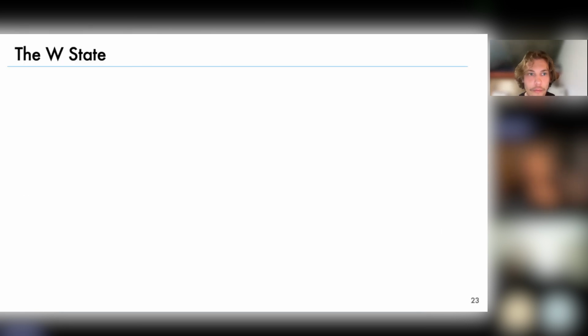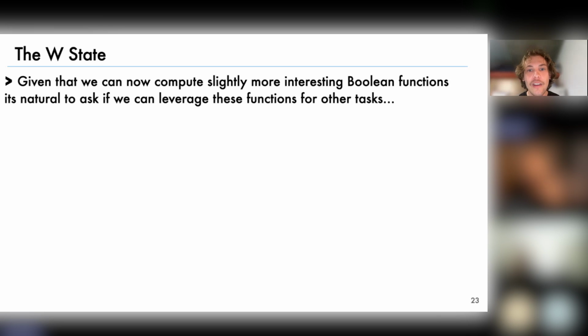But further, I'm going to claim that we can go back again. We started with the question of which Boolean functions QAC0 can compute, then we looked at which states QAC0 can prepare, made some progress there, and found this larger class of functions that QAC0 can compute. Now we're going to go back to the state picture and ask if these new Boolean functions can be leveraged to prepare more interesting states.